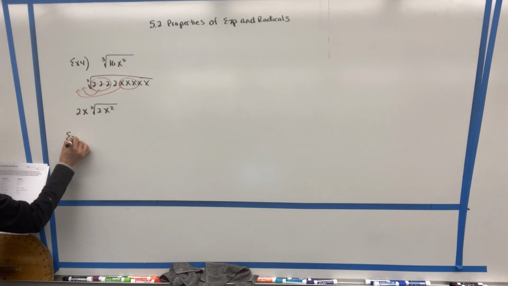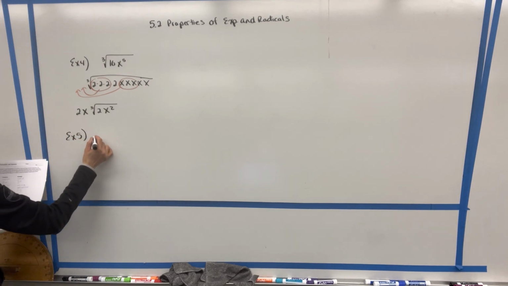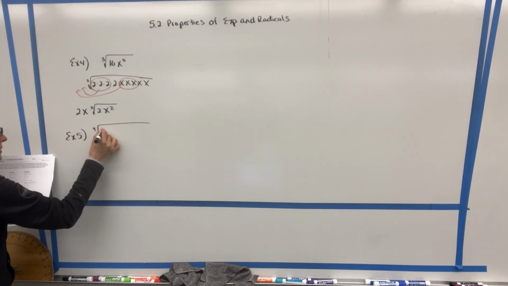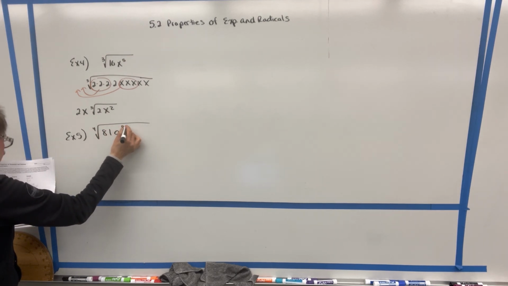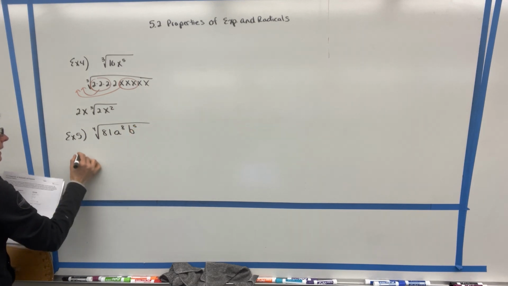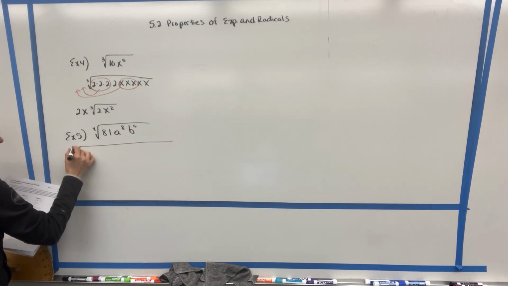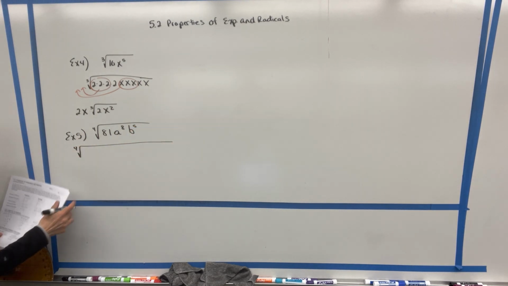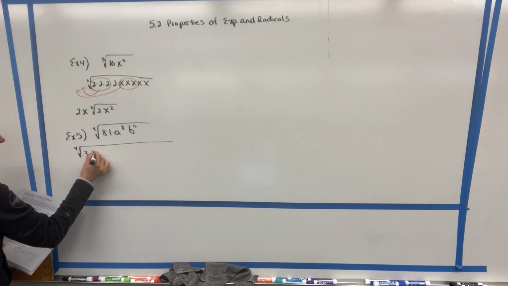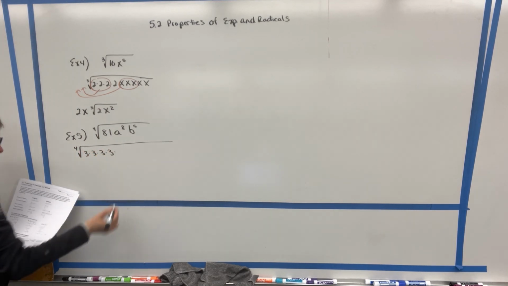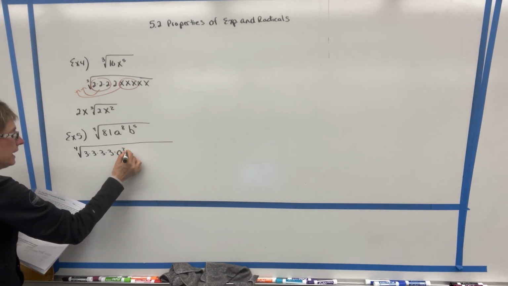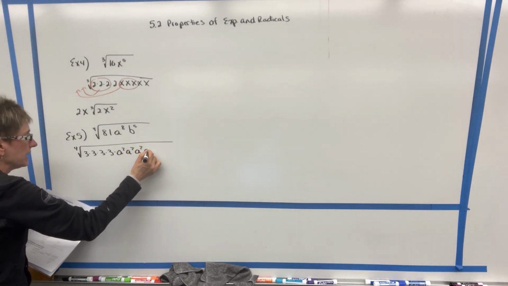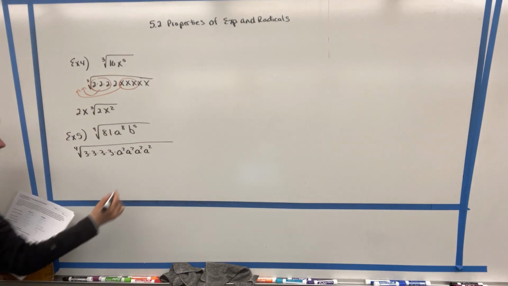Okay, let's look at example number 5. I'm taking the 4th root of 81, a to the 8, b to the 5. Again, for me personally, I'm a visual learner and I like to write these out. 81 is 3 multiplied 4 times. A to the power of 8, I can think of as a squared times a squared times a squared times a squared.